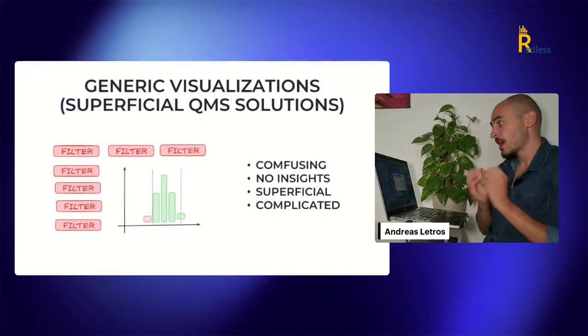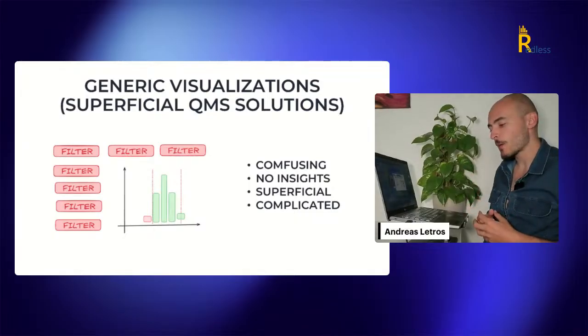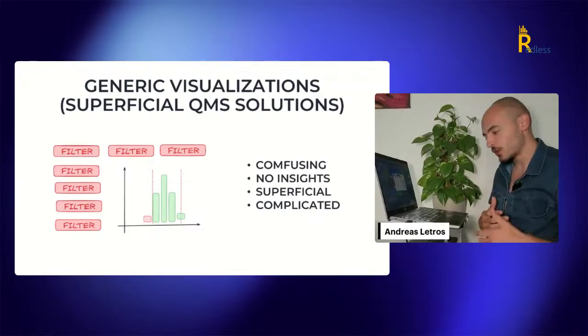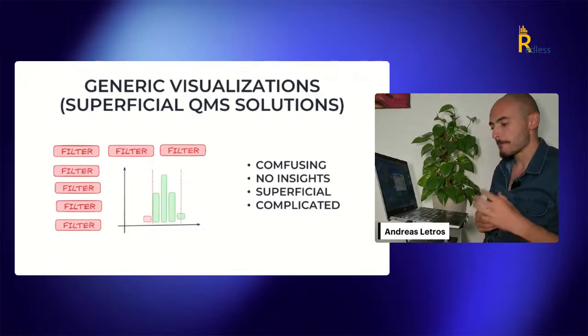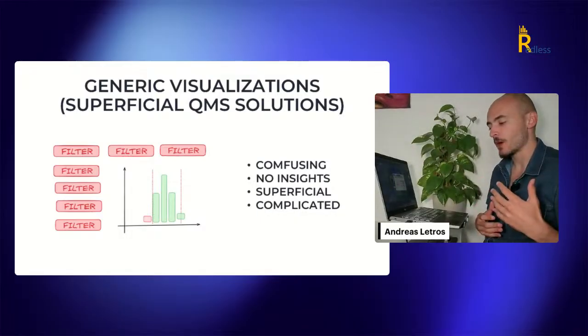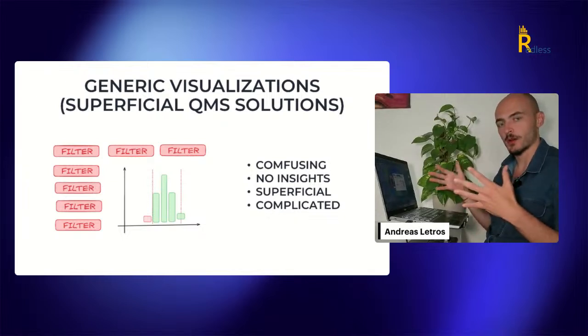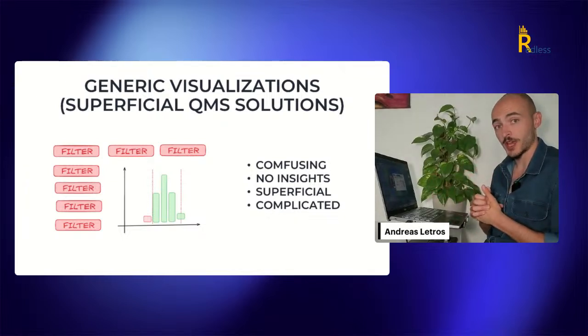And the third thing is something I have seen at the previous company I was working for. We had bought a QMS system, and we were registering data from the shop floor. The operators were registering the data from all the steps of the production.